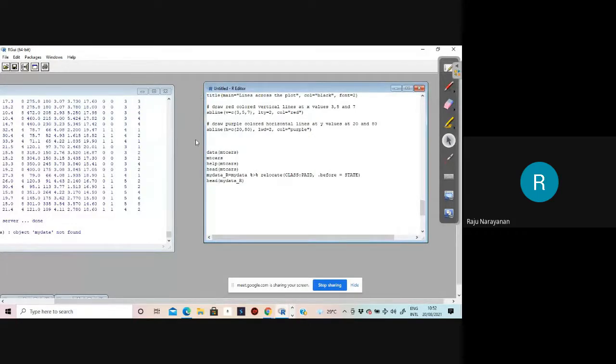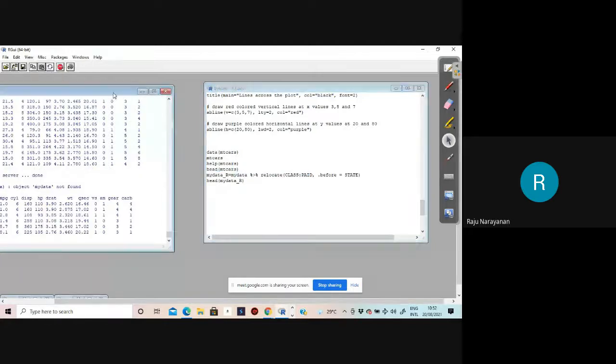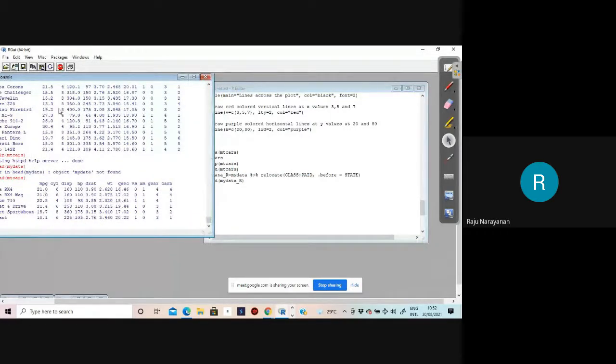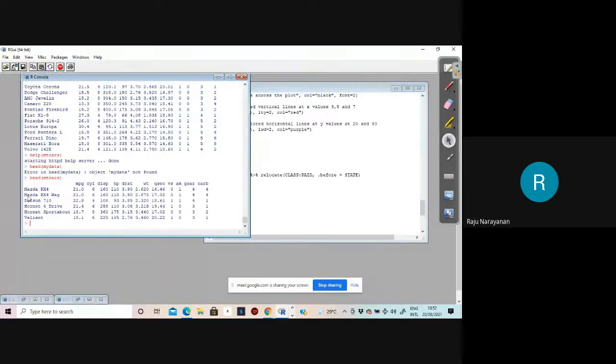And you will get the first 6 rows. MPG, this is the type of the car, Mazda, Datsun, Hornet, etc. Different types of cars. Miles per gallon: if you put 1 gallon of petrol, how many miles will it travel? Number of cylinders 6, displacement, horsepower, etc. Suppose you want to put this MPG at the last.